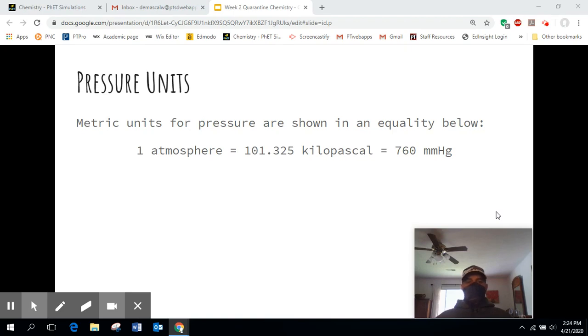That would be the same as 101.325 kilopascals. This is a different unit. And 760 millimeters of mercury, that equivalent for atmospheres comes from Evangelista Torricelli that we looked at last week.